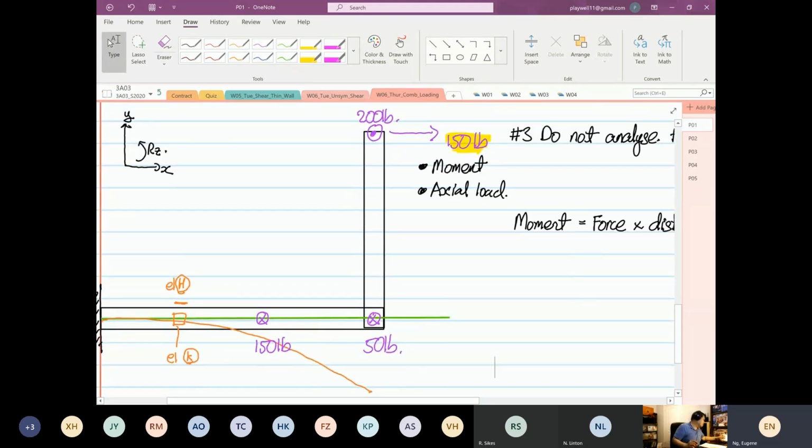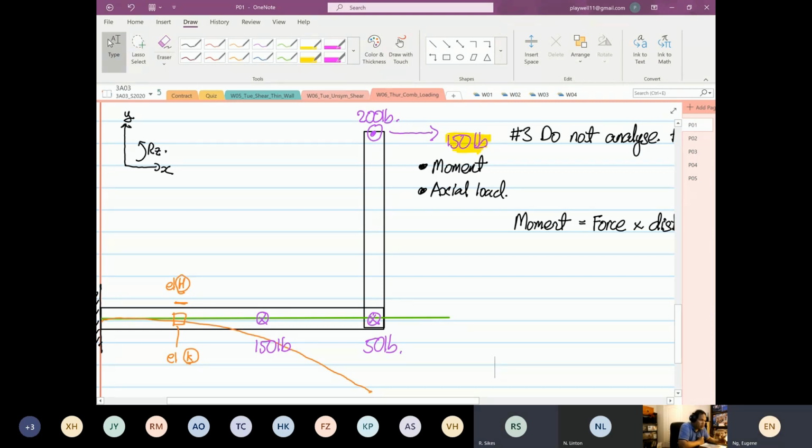What is this distance? Anyone? Element H, is it a different distance relative to element K? Yes or no? Anyone? Hello? What's your guess? The same distance. Yeah.